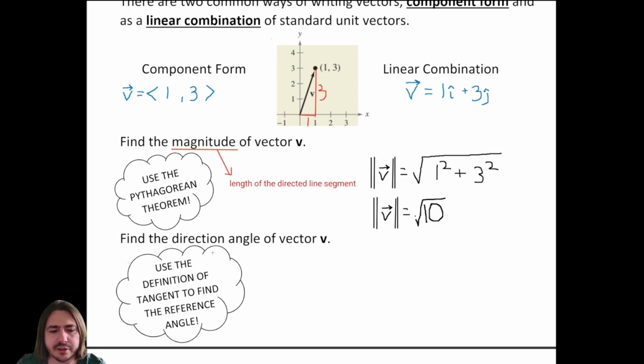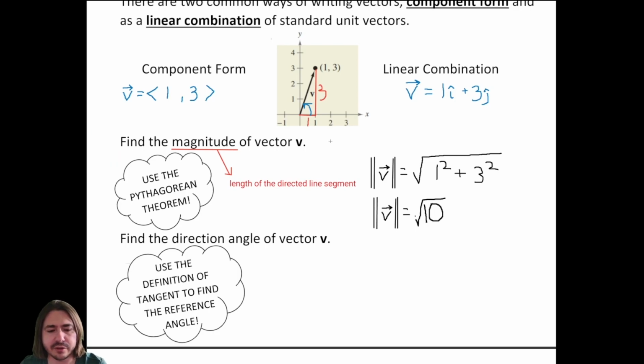The direction angle is going to be the angle in standard position if your vector is the terminal side of the angle measure. So let me notate this on our diagram. What we're talking about basically is this angle right here.